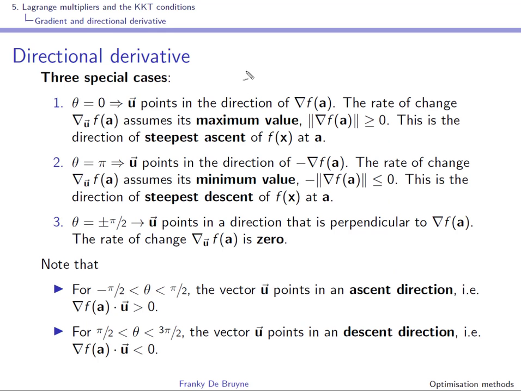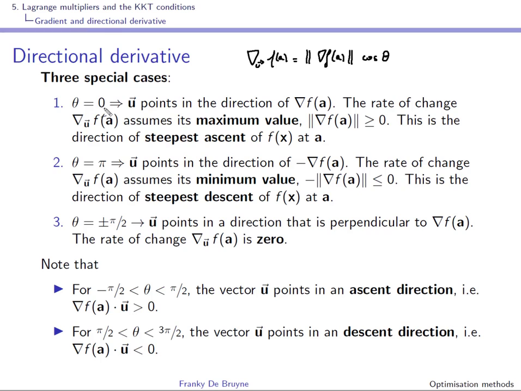Well, we have seen that the directional derivative of f in the direction of u evaluated in A is, well, the magnitude of the gradient evaluated in A times the cosine of theta, and theta is the angle that the gradient and the direction u make.